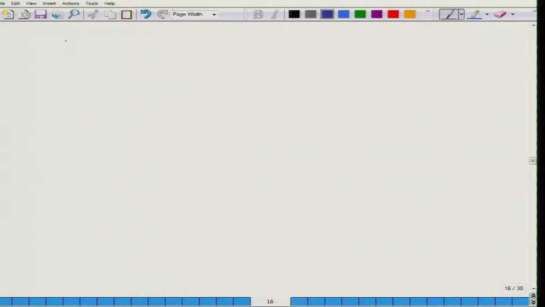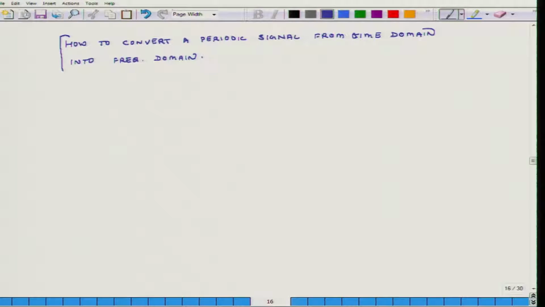What we will learn today is how to convert a periodic signal from time domain into frequency domain. This is our aim.